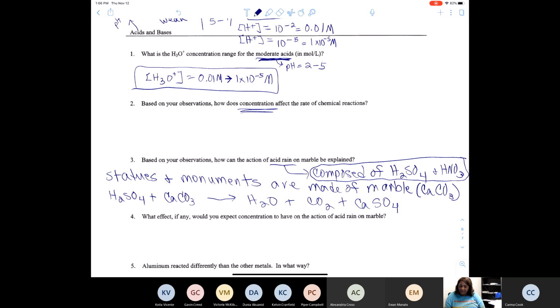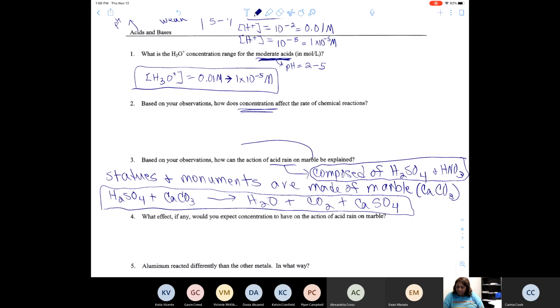So there's your balanced acid-base reaction. So what that acid is going to do to that marble, it's going to break that marble down into carbon dioxide, and your salt, calcium sulfate.